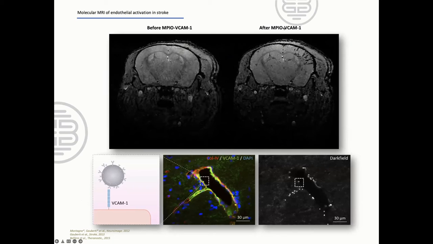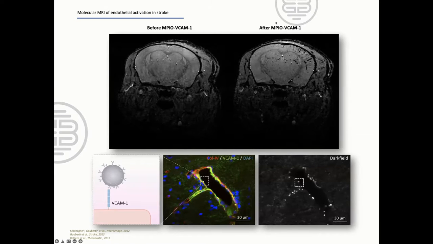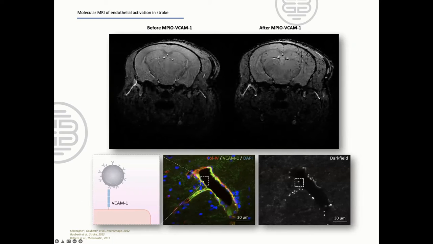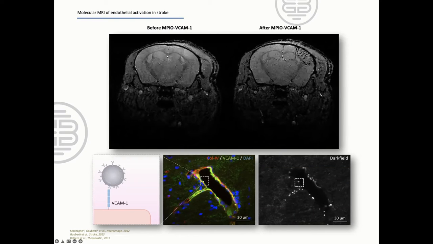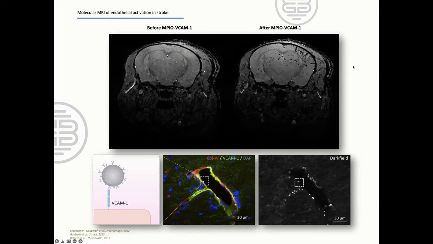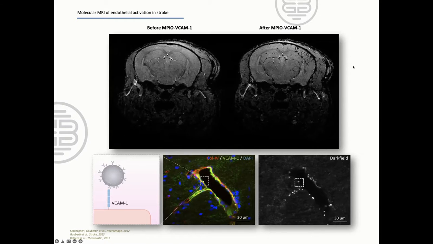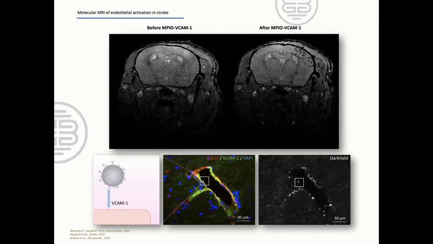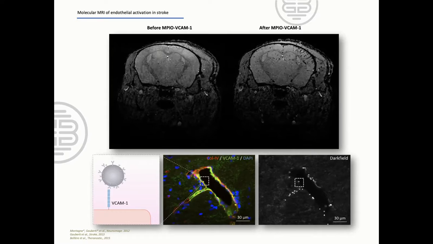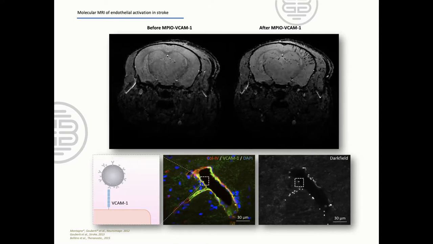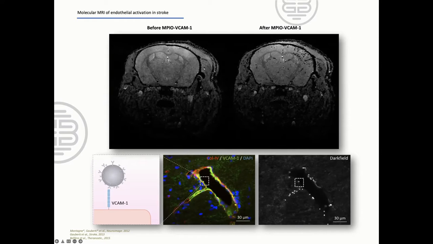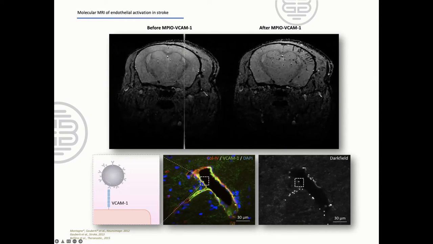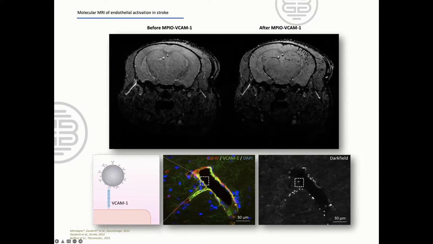And interestingly, after injection of these paramagnetic beads targeting VCAM1, you can visualize here this MPIO signal inside of the brain vessels, demonstrating the presence of endothelial activation of this VCAM1, which are the molecular events at the onset of inflammatory processes. And we demonstrated by using these methodologies that we can predict inflammatory processes.